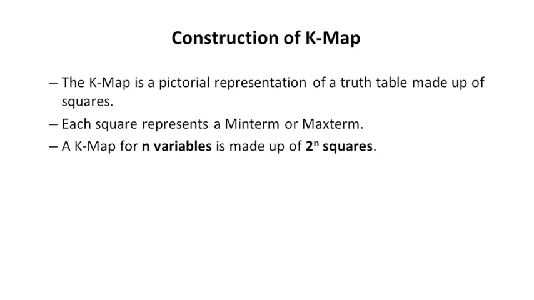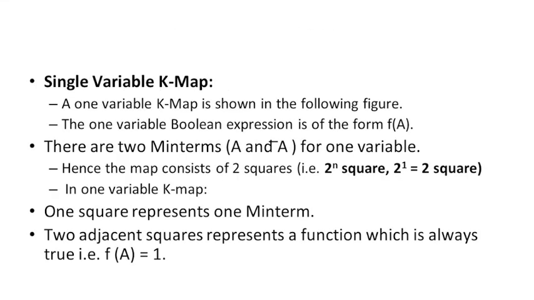How to construct a K-map? The K-map is a pictorial representation of a truth table made up of squares. Each square represents either a minterm or a maxterm. A K-map of n variables is made up of 2 to the power n squares. That means for a one variable K-map, written as f(a), there are two minterms, a and a bar.